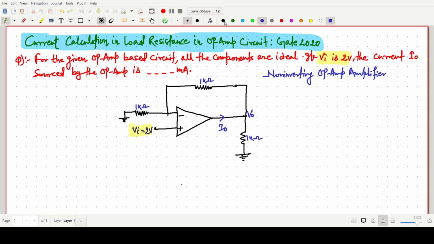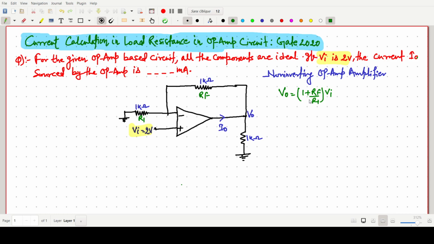So directly we can write the value of V naught. This V naught is nothing but simply 1 plus RF by R1 into Vi. For example, this one is the RF resistance and this one is R1.